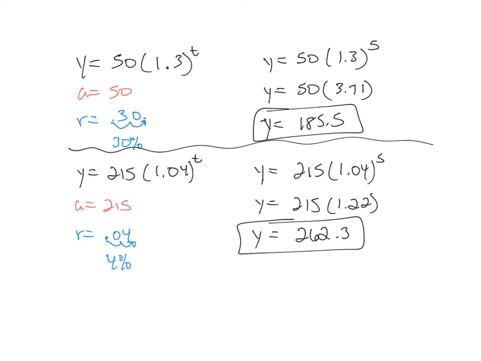Okay, so you'll have a few of those. All right, and then the other thing you'll have to do, and this should be quicker, is it's going to say write a function that represents the situation.